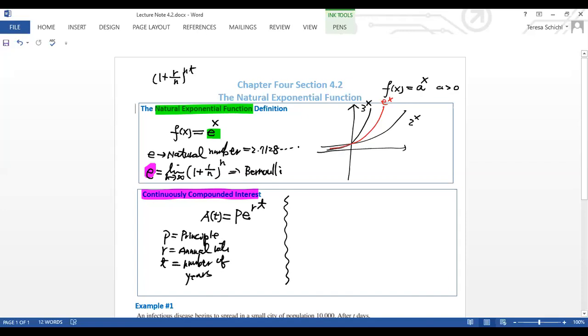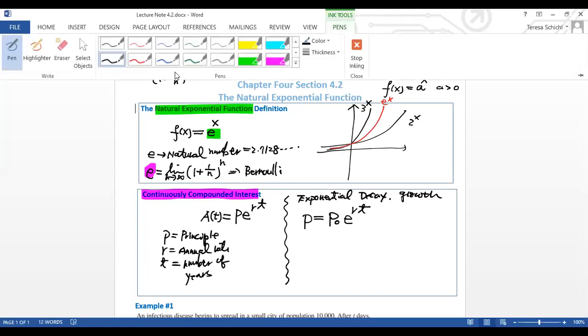But the same concept we can apply to what we call exponential decay or exponential growth, right? It's exactly the same thing. The formula here is P equals P0 e^(rt).